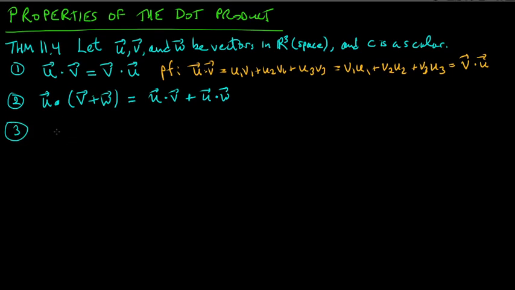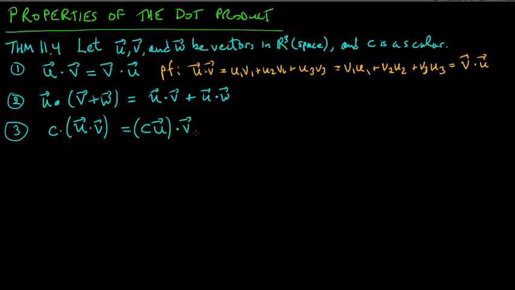For number 3, it's a little different when you're multiplying a scalar c times the dot product of u and v. So remember, the dot product is a number, so you're just multiplying two numbers, c times this other number. But it's associative, right? So in other words, you can take c times u first, and then take that vector dot v.